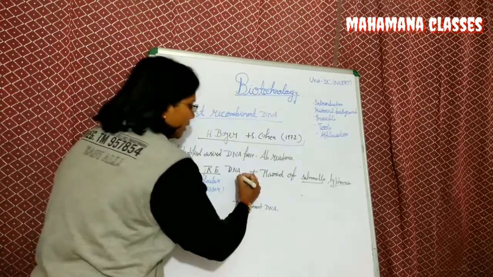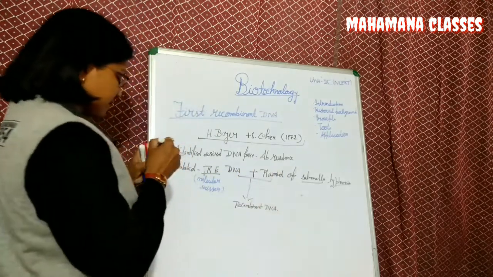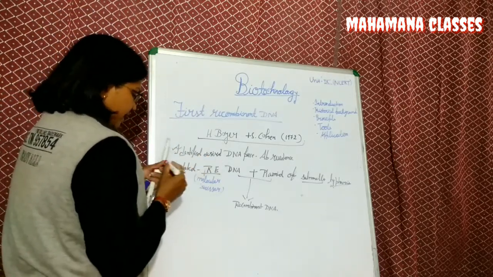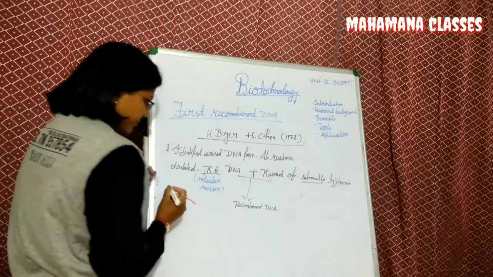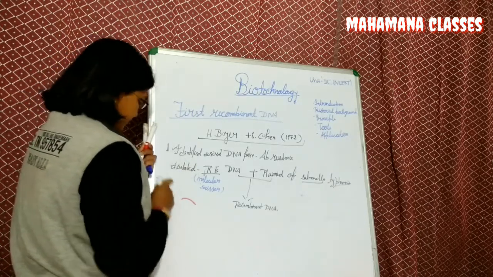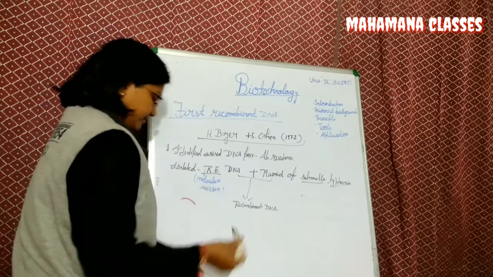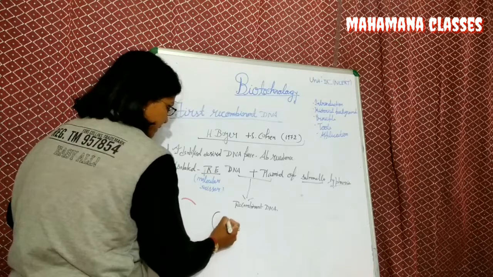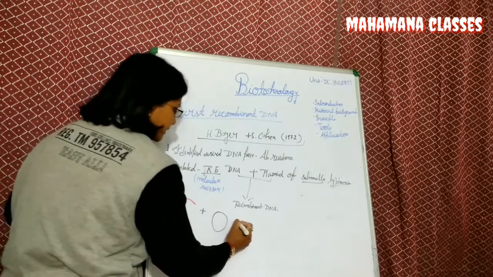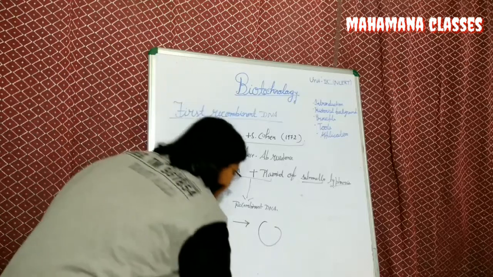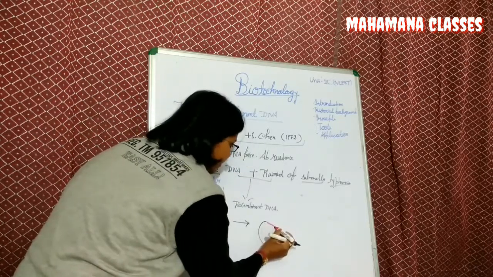Let us see with the help of a diagram how this joining is done. If this is your desired piece of DNA and this is your plasmid, then it will be a recombinant.